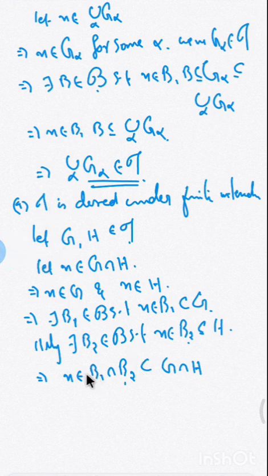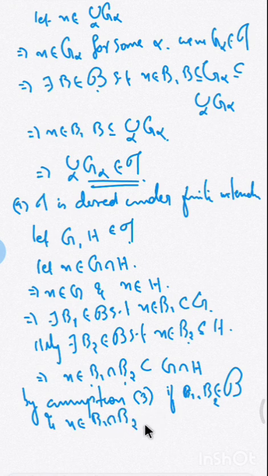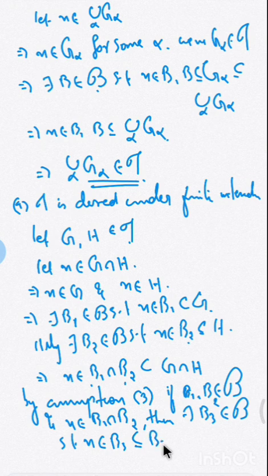Our third assumption was, if B1 comma B2 belongs to script B and X is an element in B1 intersection B2, then there exists B3 in B such that X belongs to B3 and that B3 will be contained in B1 intersection B2. This was our third assumption.